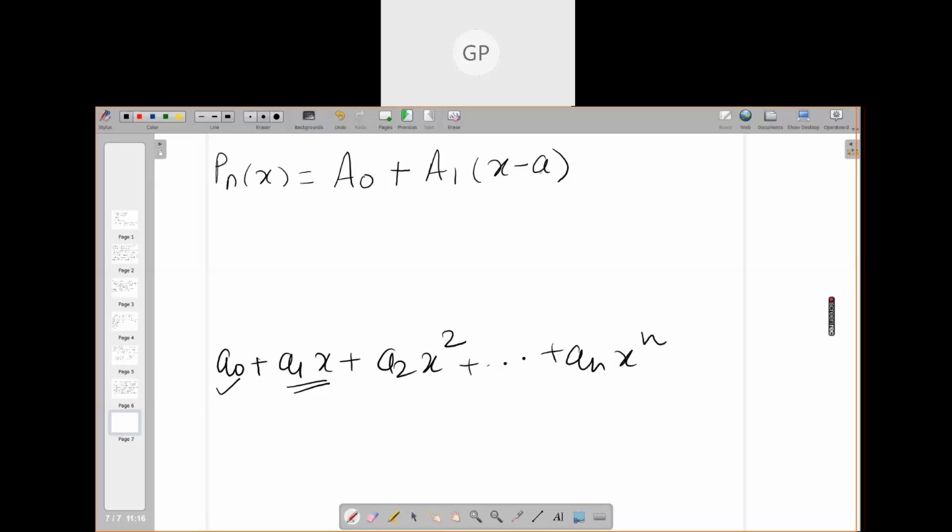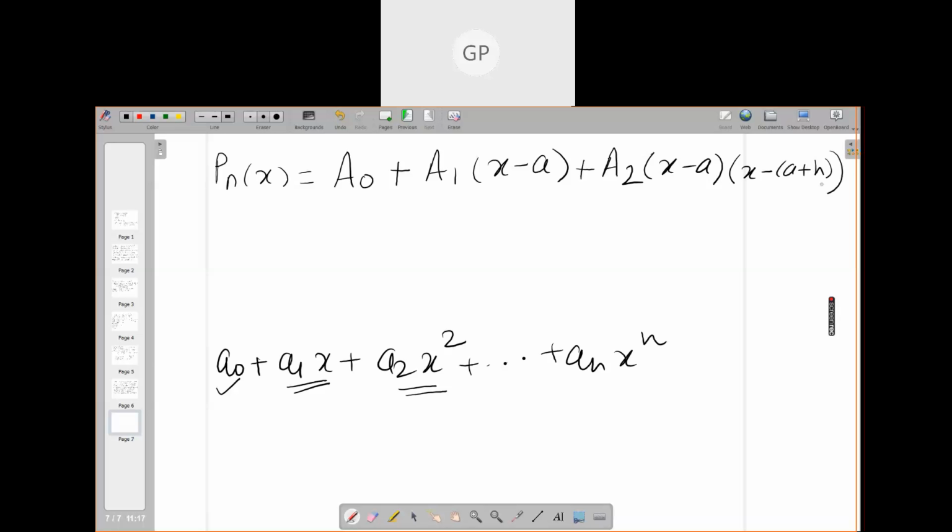Next, how can I have the x square term, using my values a and a plus h? I took the first two terms, then I can have an x square term. So next I can have x minus a and next x minus, the next x value in my table, a plus h.